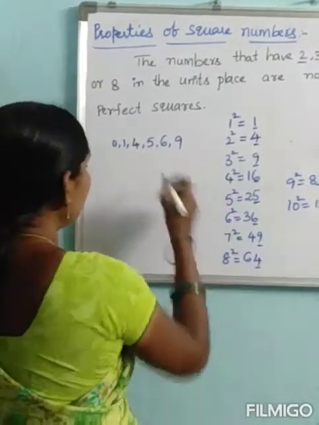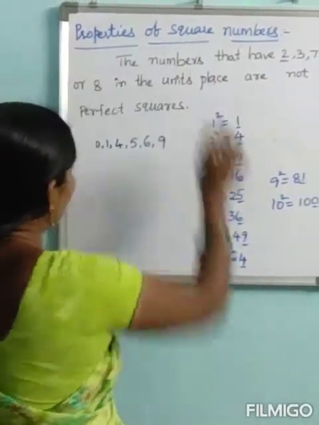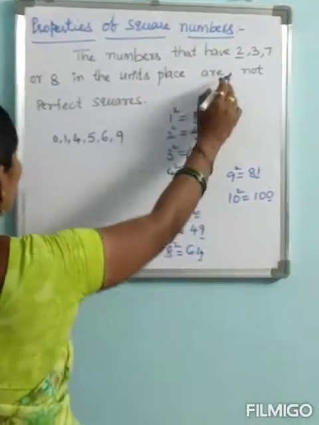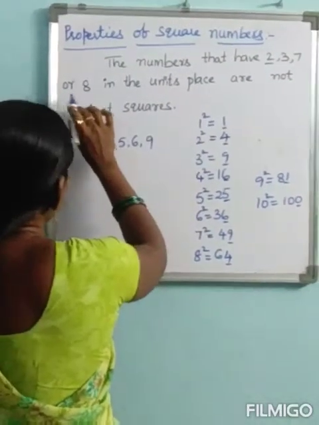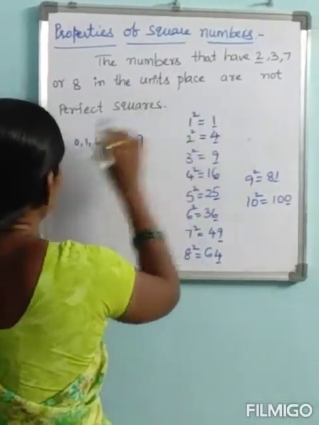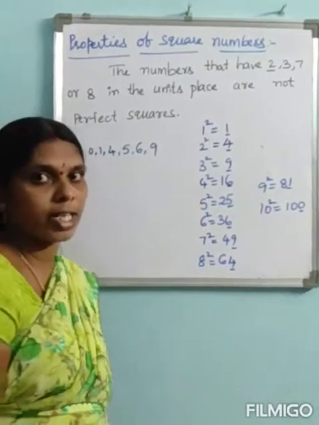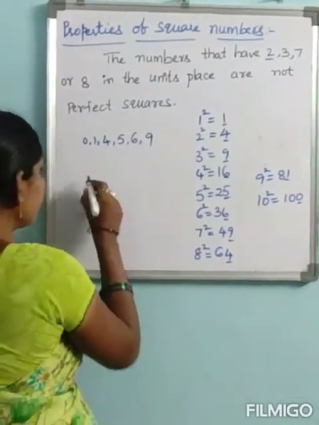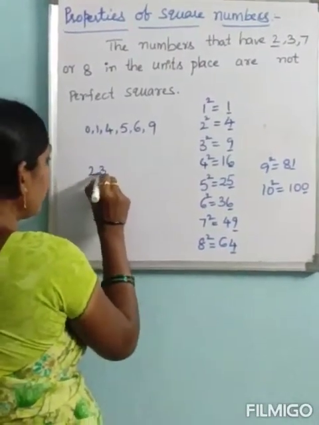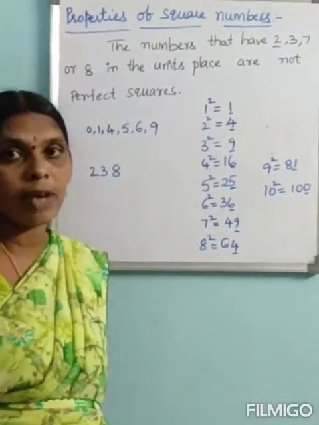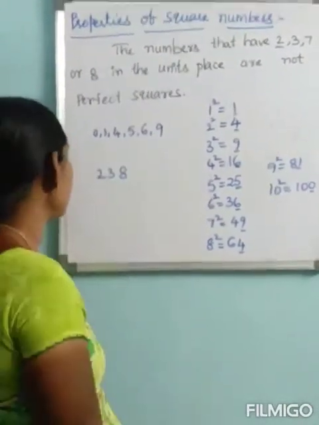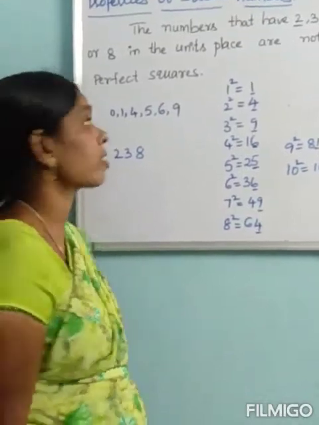Okay, so the first property is: the numbers that have 2, 3, 7 or 8 in the units place are not perfect squares. Now I am taking one example. 238. Is it a perfect square? No. Directly we can say it is not a perfect square. Why?